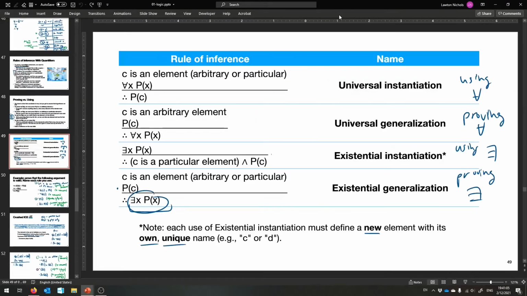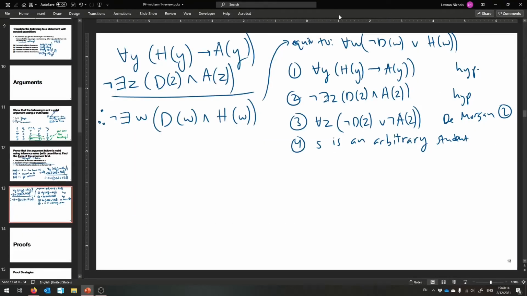And we're trying to do universal generalization. So for all gen, part of it at least. So that's why we're introducing this. It's okay to do.